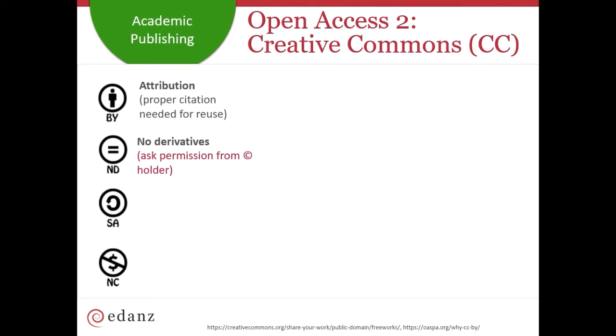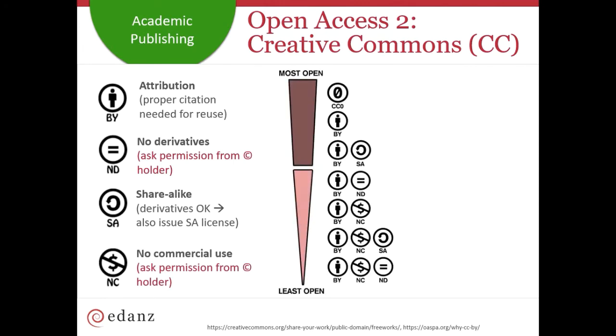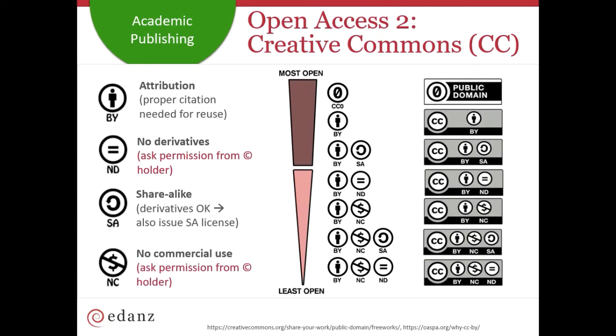SA means share-alike, so derivatives can be distributed, but they also need to carry the SA license to allow others to do the same. And NC means no commercial use is allowed without permission from the copyright holder. There are different combinations of CC license, with the most generous being public domain or CC0, and the most restrictive being CC BY NC ND, meaning CC attribution, non-commercial, no derivatives.